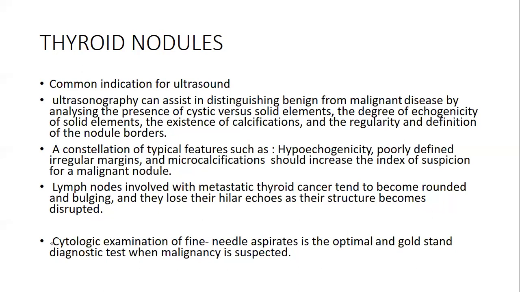Lymph nodes involved with metastatic thyroid cancer tend to become rounded and bulging, and they lose their hilar echoes as the structure becomes disrupted. So cytologic examination of the fine needle aspiration, or FNA, is the optimal and gold standard diagnostic test when malignancy is actually suspected.